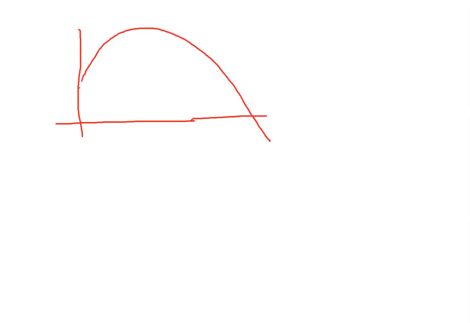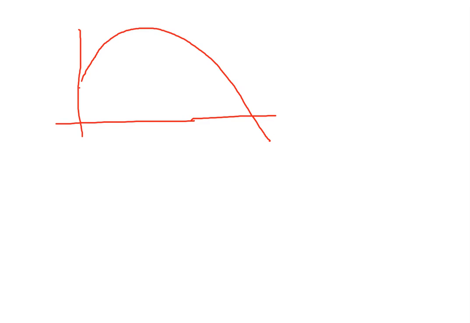So let's see, there's a couple things that we could do. So let's look to see what it looks like. Again, it's starting here and it's going up and then it's coming down. Somewhere along the way over here, there's a building that is 300 meters away. We want to know if the projectile is going to hit that building.